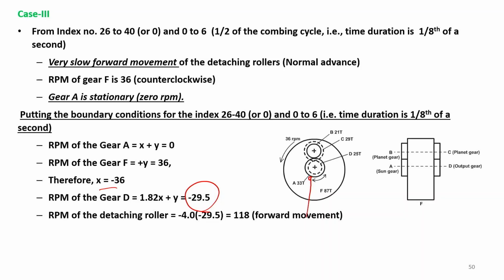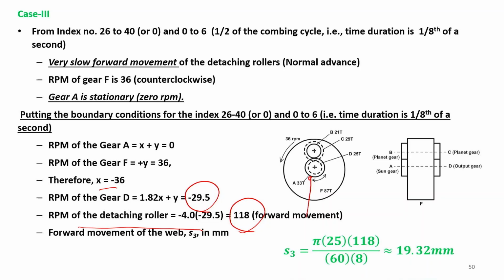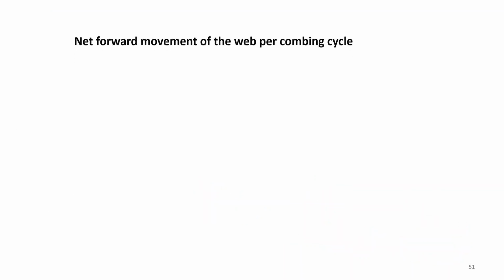So, RPM of the detaching roller is 118 in forward direction, that is a normal forward for 1/8th of a second. So, we can calculate the total forward motion, normal forward movement is 19.32 millimeter, and we can calculate the net forward movement of the wave per combing cycle, S1 plus S2 plus S3.